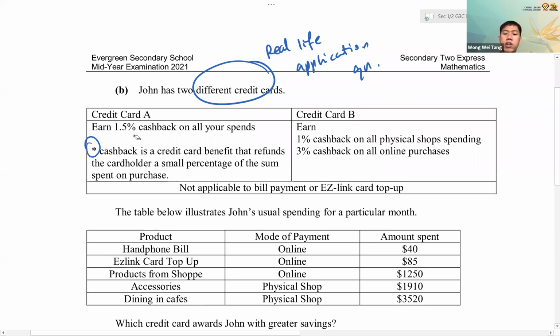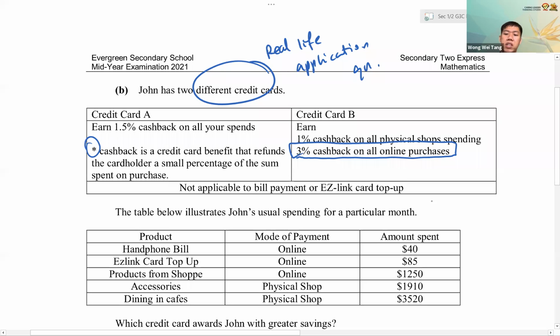Now, in credit card B, you get 1% cashback on all physical shop spending. That is obviously not as good a deal as credit card A, which is giving 1.5%. Okay, now, credit card B also gives you 3% on all online purchases.